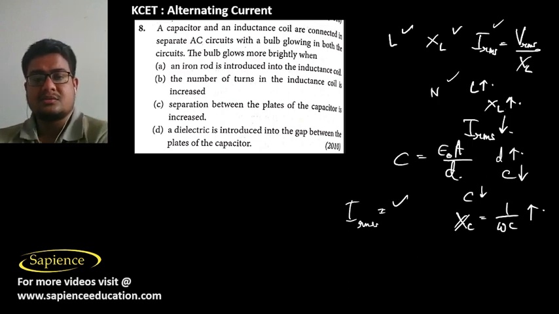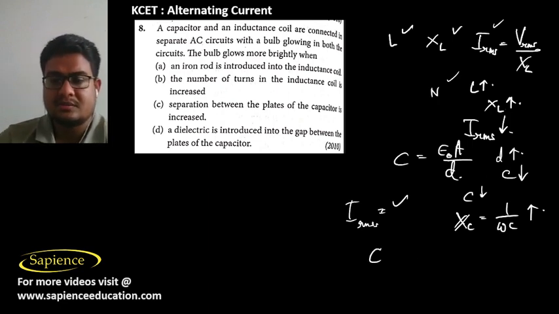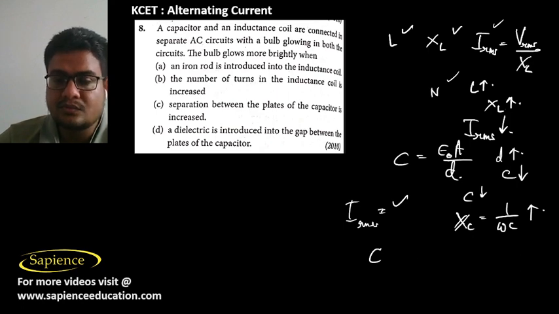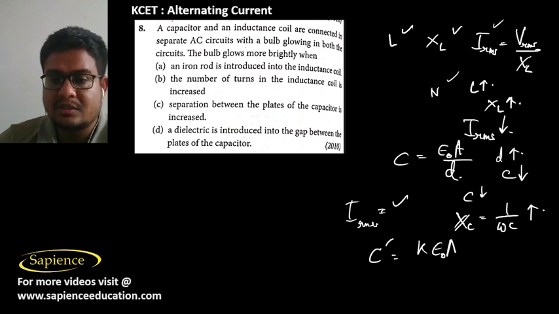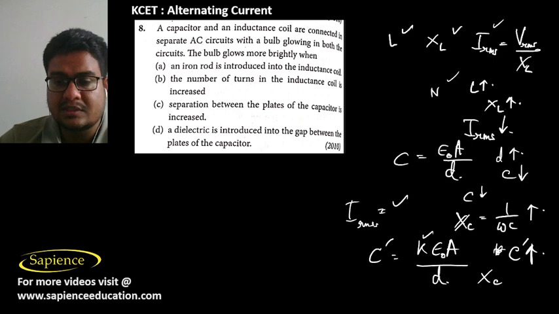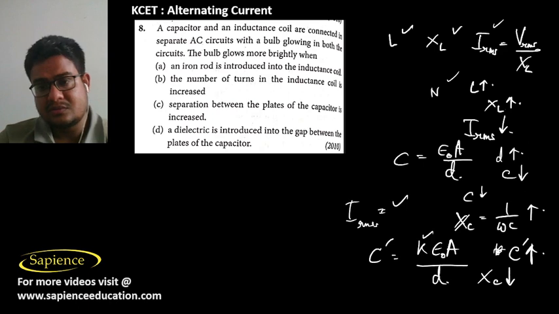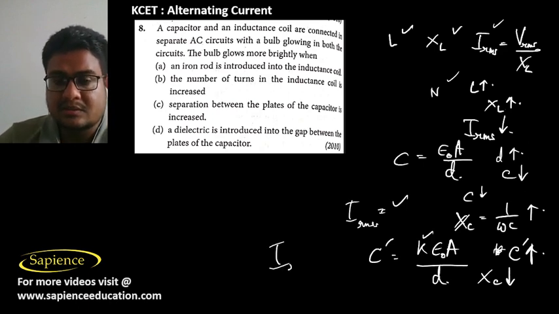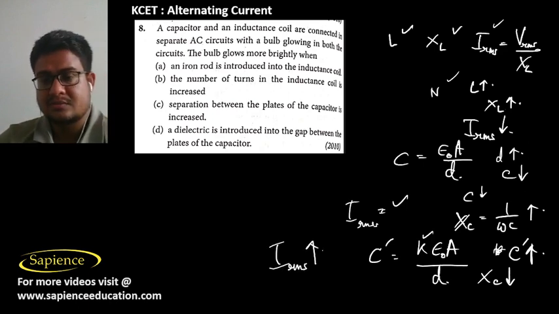And if a dielectric is introduced into the gap between the capacitor plates, then the capacitance will become K epsilon naught A by D, where K is the dielectric constant of that dielectric. So when the dielectric is introduced, the capacitance will increase. When capacitance increases, the capacitive reactance will decrease. So when capacitive reactance decreases, the current will increase.